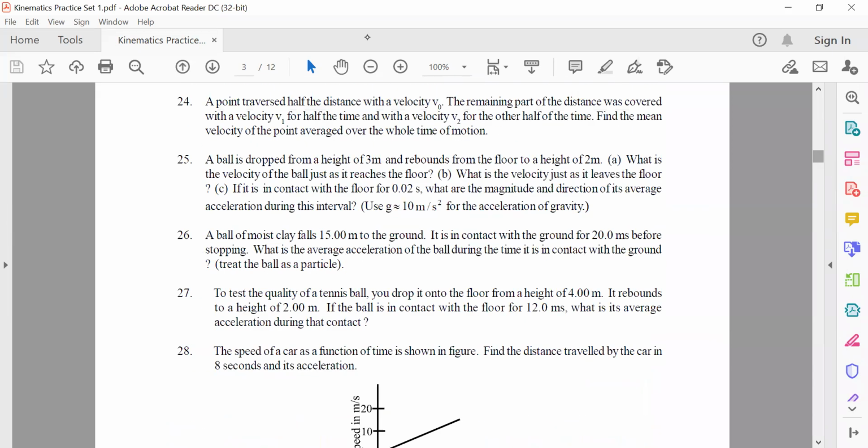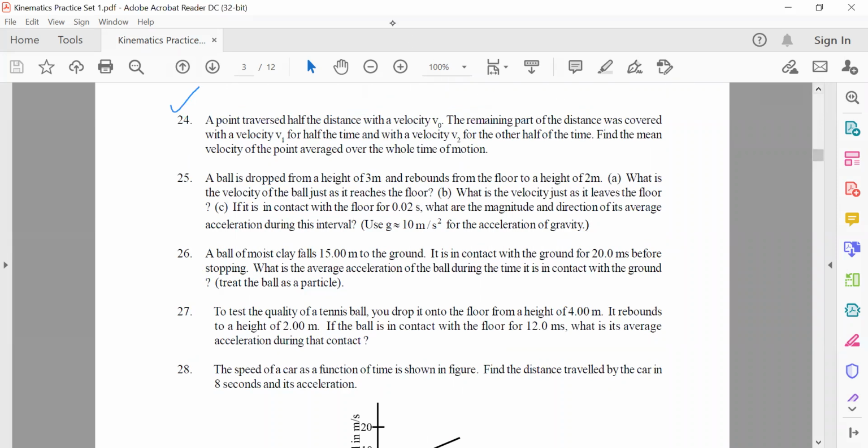It says that a point traversed half the distance with a velocity v naught, and the remaining part of the distance is covered with a velocity v1 for half of the time and v2 for the other half of the time. Find the mean velocity.